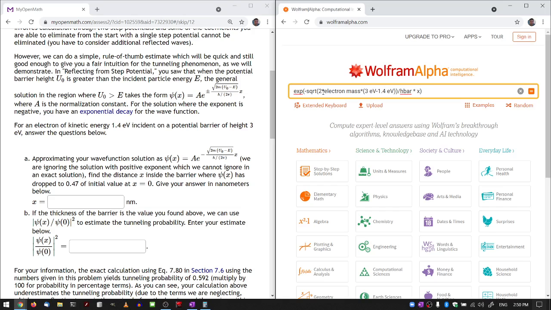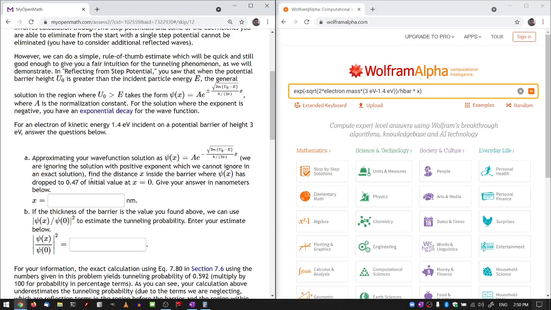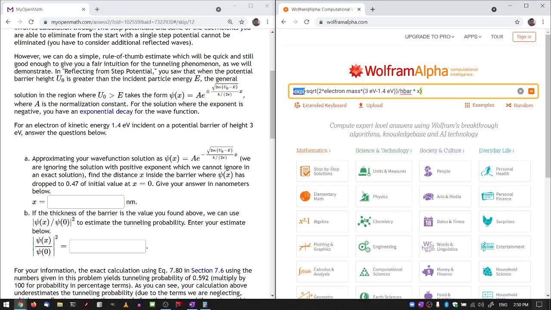What I'm looking for is to find the distance x inside the barrier where psi of x has dropped to 0.47 of the initial value. So I'm taking the natural log of both sides. The right hand side will just turn into this, and the left hand side will be the natural log of 0.47, and that's going to be a negative quantity.